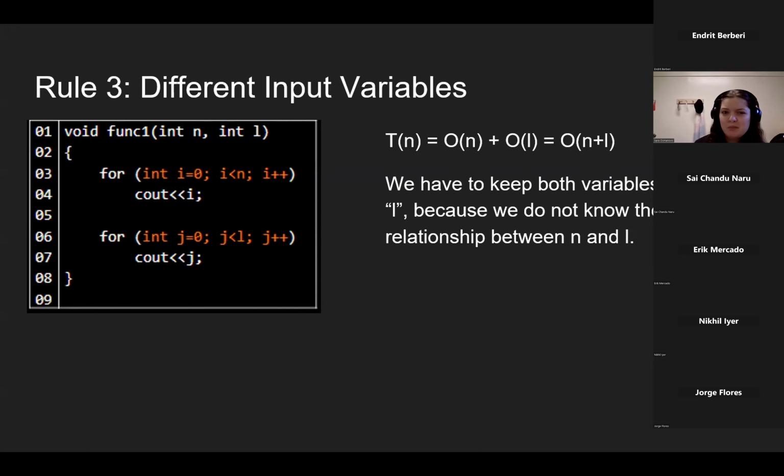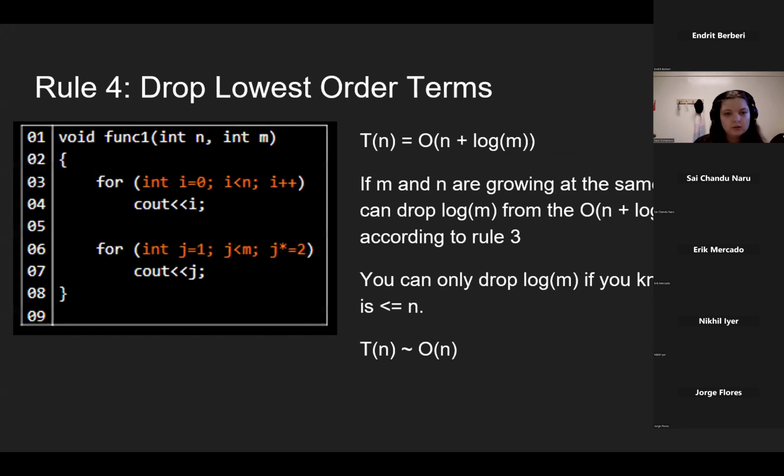The string can be much longer than the array or vice versa. So we cannot actually simplify it. We cannot just drop one, and we have to keep both of them if we think they grow at different rates. So n here, L here, we keep both of them. And it's going to be the same way even if we nest the loops. If we cannot establish a relationship between n and L, you have to keep both of them.